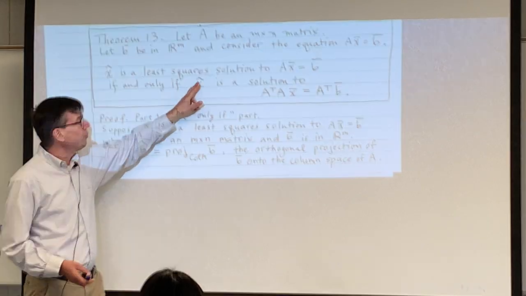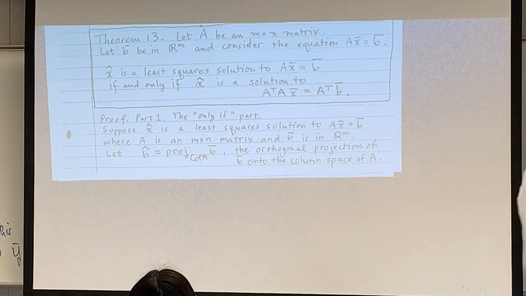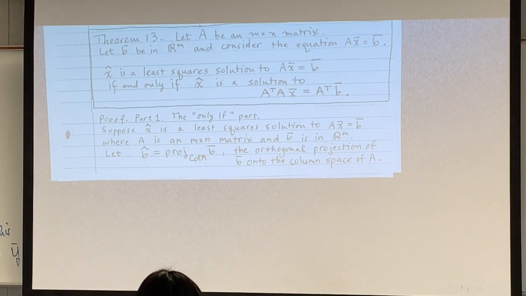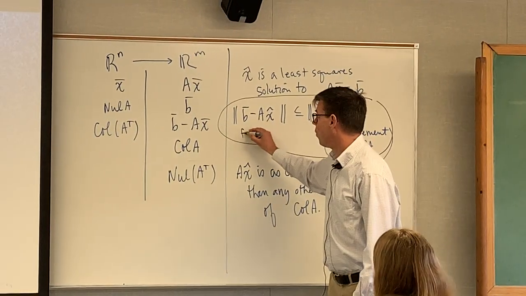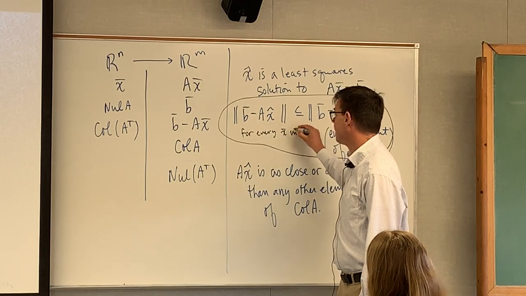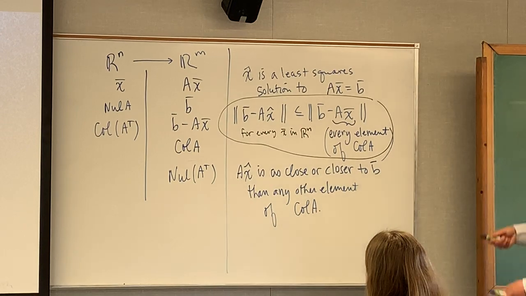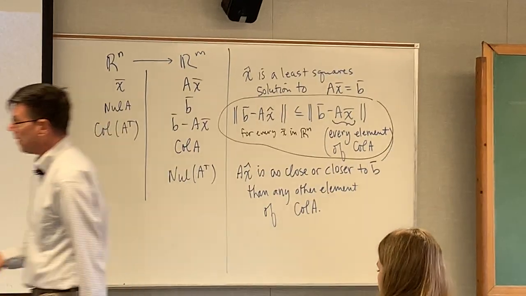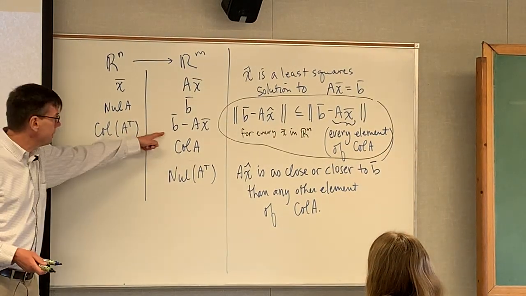So x hat is a least squares solution to Ax equals b if this statement is true for every x in R^n. So the x's are in R^n, but the Ax's are actually in R^m, as well as the b's and the b minus Ax's.